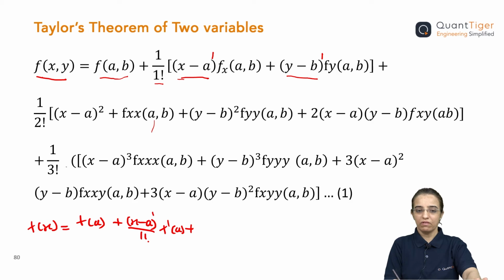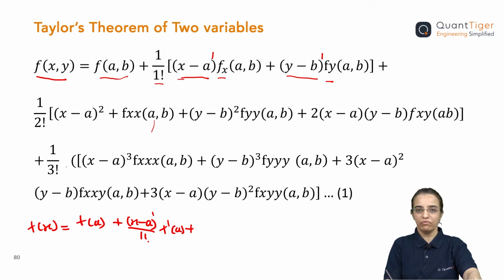Now whatever the power is, that much differentiation there will be, so since the power is 1, first order differentiation we will be doing, so I just wrote f of x with a b and f of y, so only first order derivatives we will be finding here.